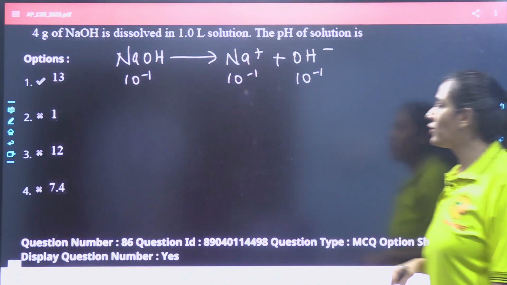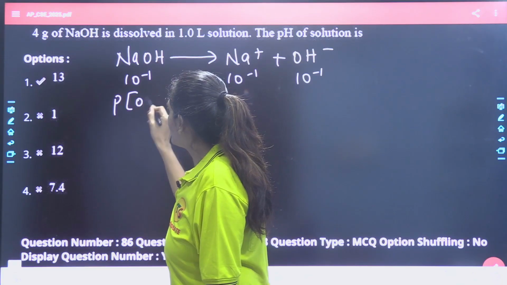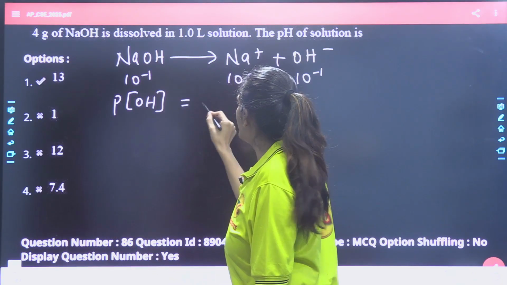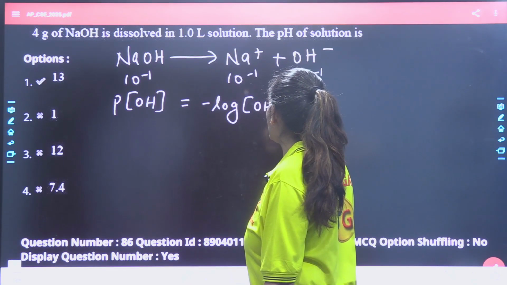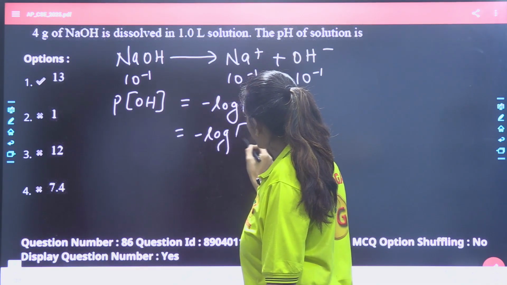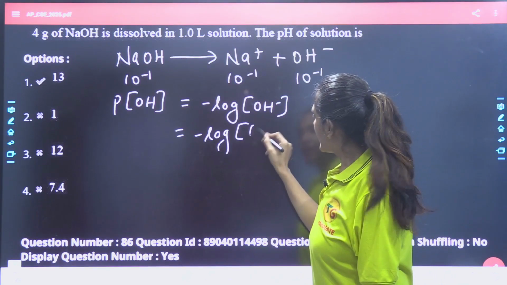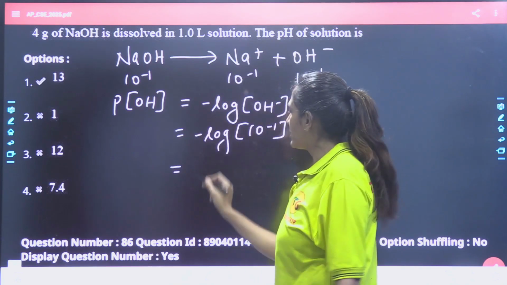From here we cannot calculate pH value, but we can calculate pOH value, which is the negative log of the OH negative ion concentration. The concentration is 10 raised to power minus 1.